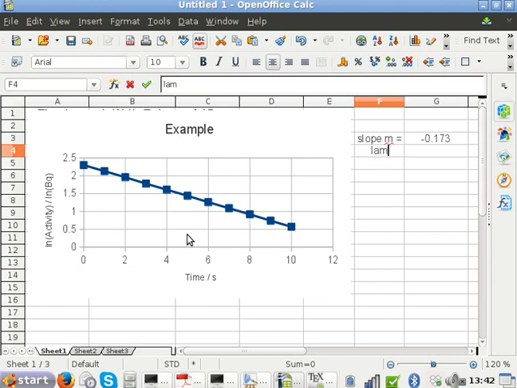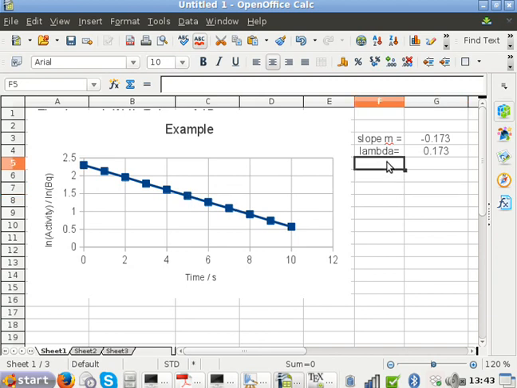So that means my lambda is equal to 0.173 per second. So that's the K constant first, the lambda.